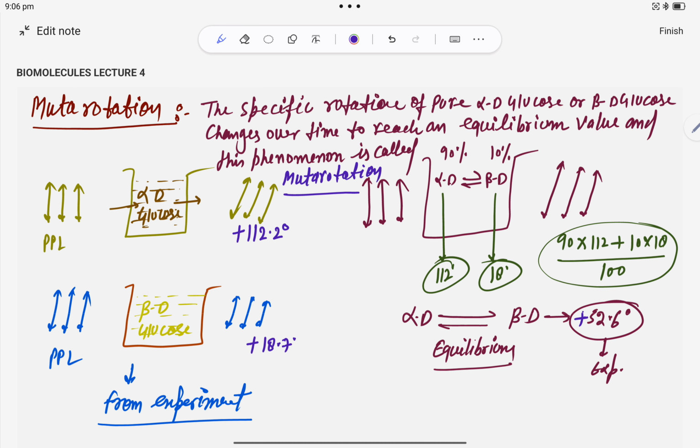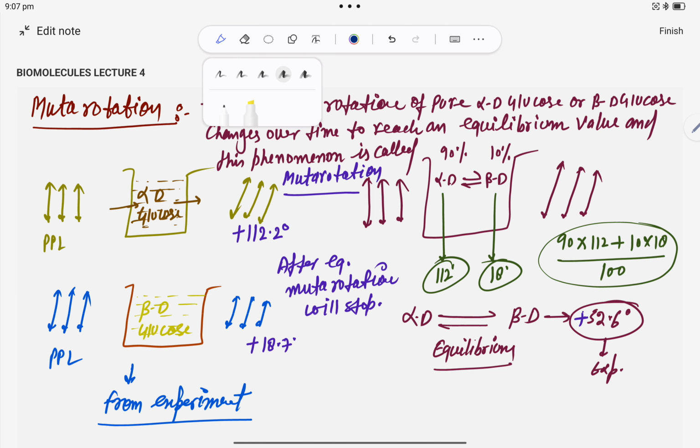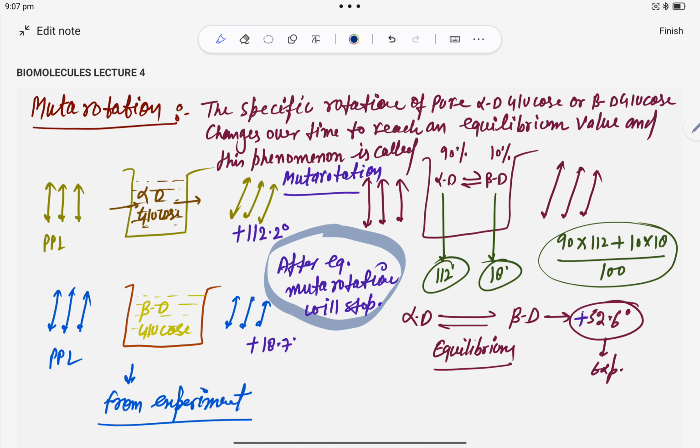And after the equilibrium, mutarotation will stop. So I hope I explained mutarotation well.